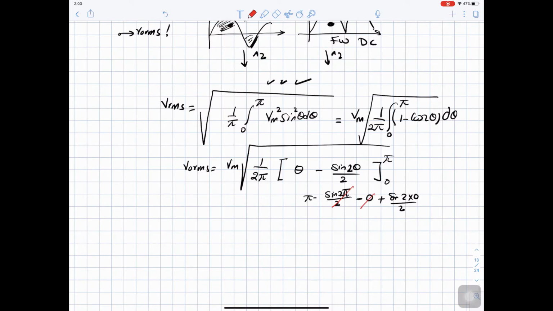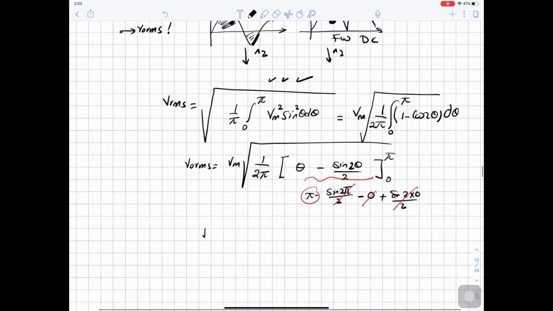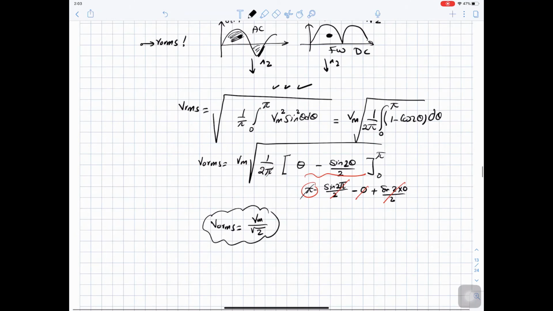So this is 0, 0, 0. So this integration will be pi. So you can see that pi will cancel pi, and V out RMS will be Vmax divided by root 2, which is the same as an AC sine wave.